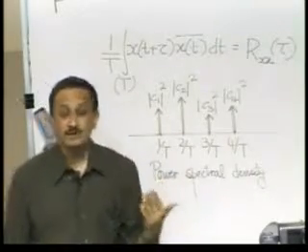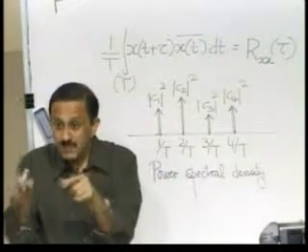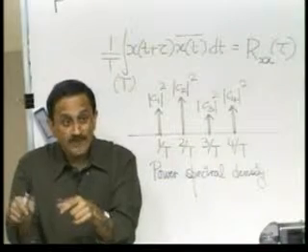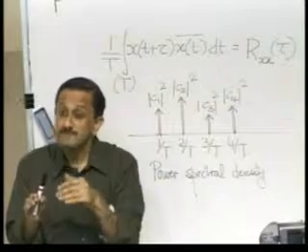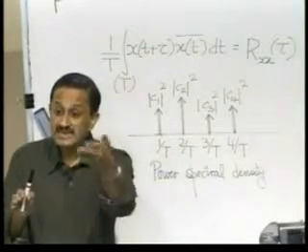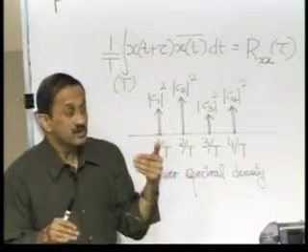For example, when you talk about the impulses in Rxy(tau), the impulse located at 1 by T should not be thought of as the product of the impulse in x at 1 by T and the impulse in y at 1 by T. No, it is not a product of impulses.